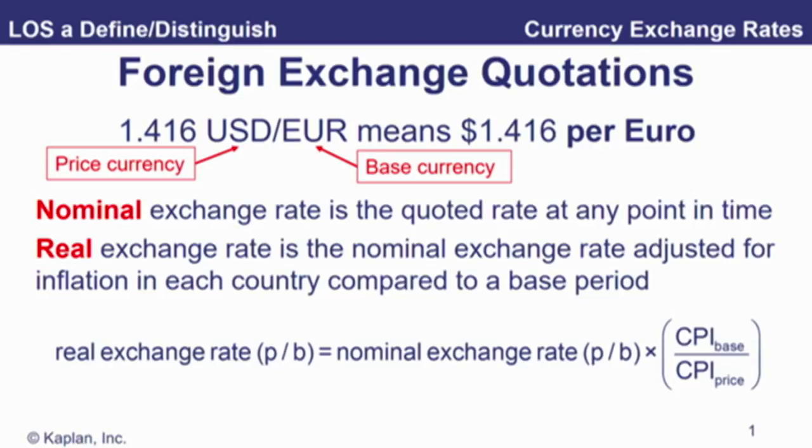USD/euro. In the underlying readings and therefore in the exam, the way you must interpret that, whether you see it like this on your trading platform or not, is that the euro is the base. So, as it says on the right-hand side, this is the way you interpret. It's 1.416 USD per euro.